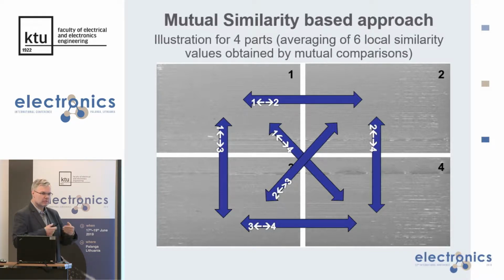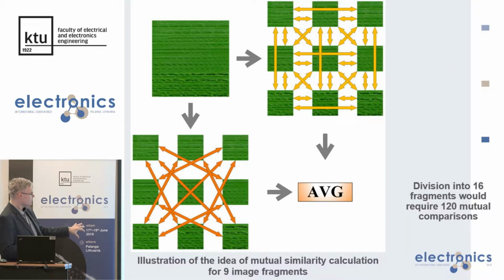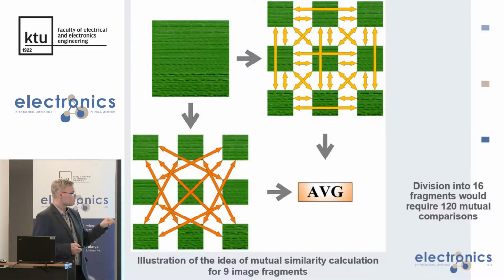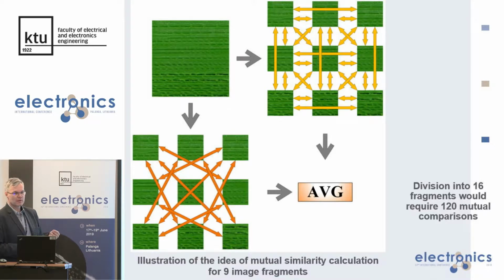Not more, because if we divide it into smaller parts, there will be a lot of mutual similarities to calculate, so it will be too slow. 4 parts may be too few, so the question is how many parts are needed to have a reasonable classification. For 9 parts, we have many more calculations, and if we divide into 16 fragments, we would have 120 mutual comparisons, so it will be a bit slower to calculate.